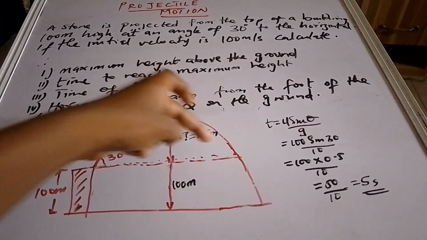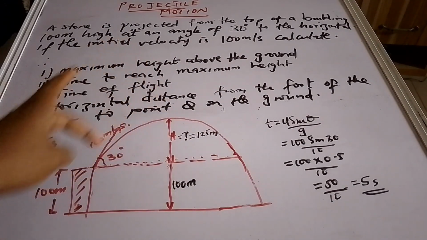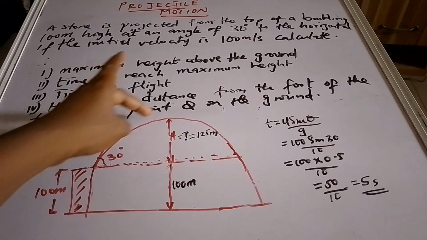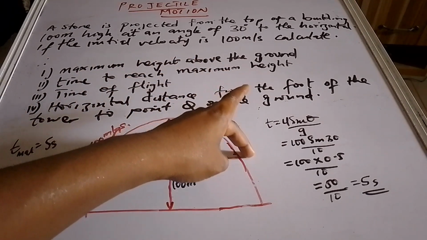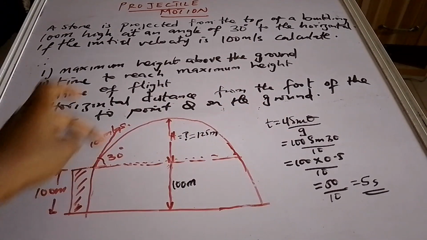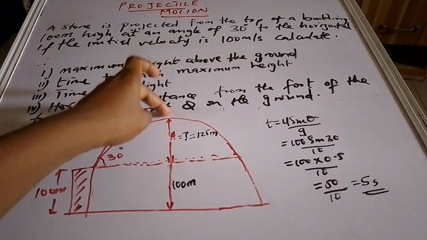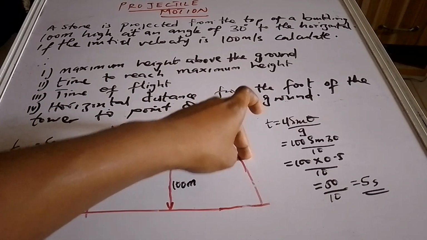And since the object from here to here is still in flight because this is the parabolic part, the object is in flight until it reaches the ground. So if from here to here is 5 seconds, then from here to this place is 5 seconds. So we need to know that time is going to cover from here to this place.